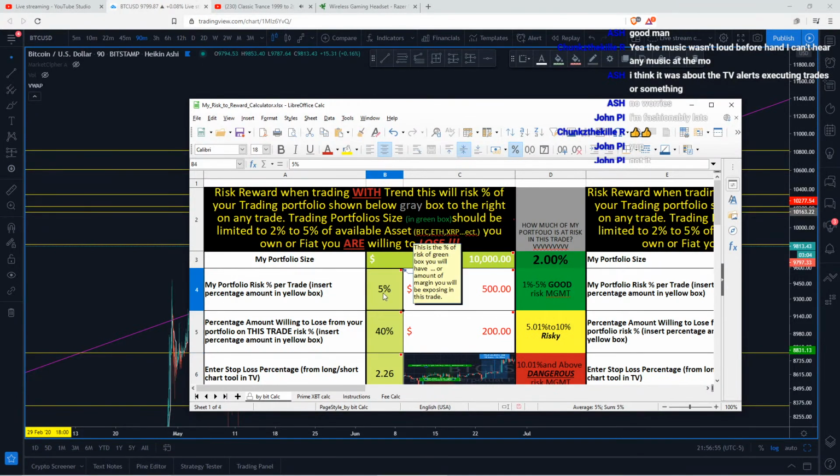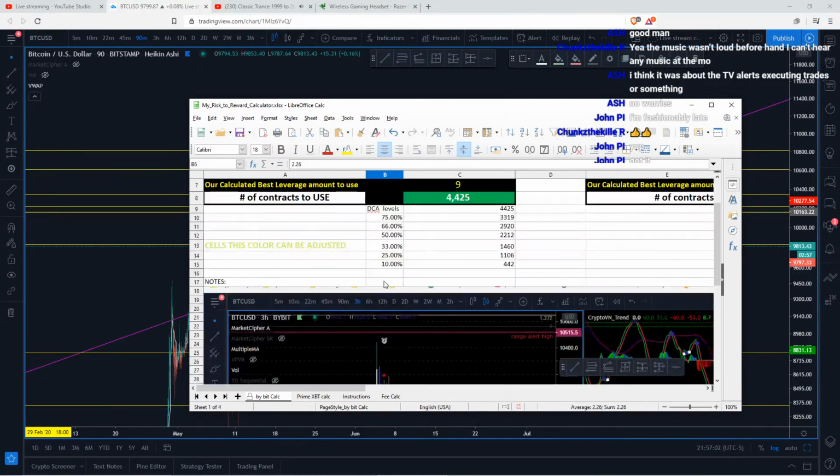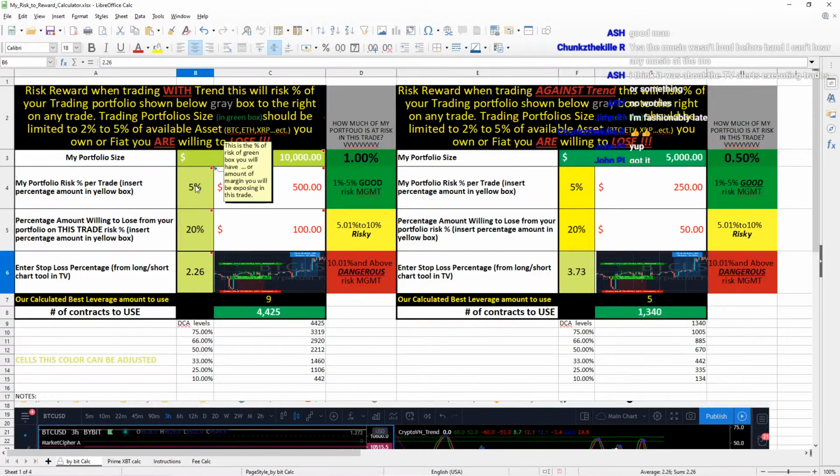Was it 540? 520 is the number for 1%. Okay. 520, it gives you 1%. 540 gives you 2%. But you can play with the numbers to figure out what works for you. Stay with the 540, a 2% trade.